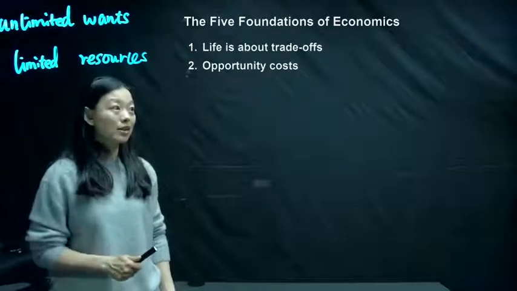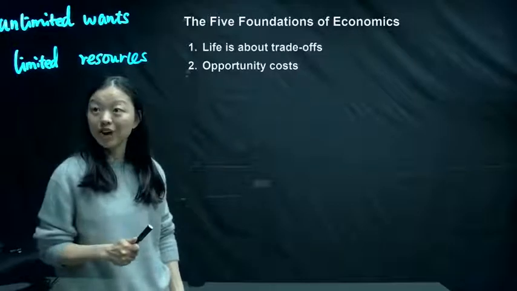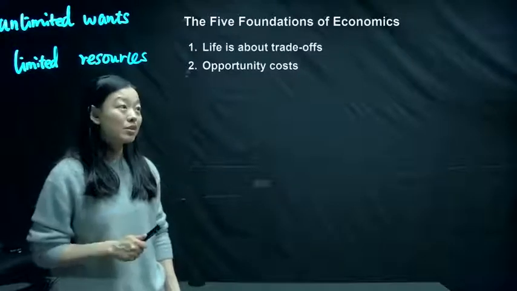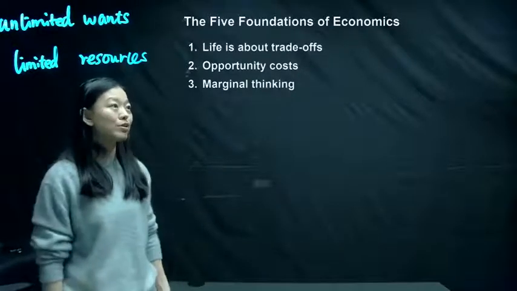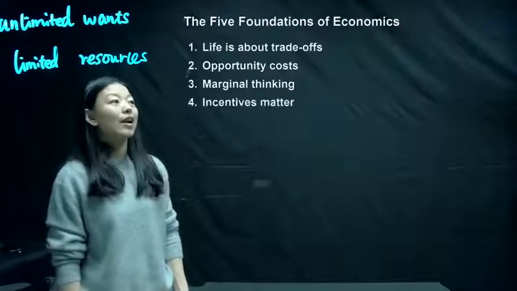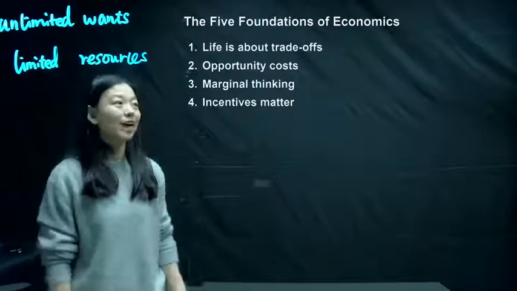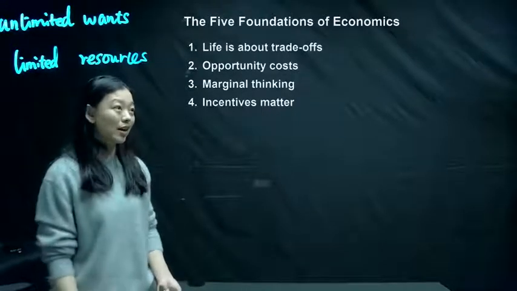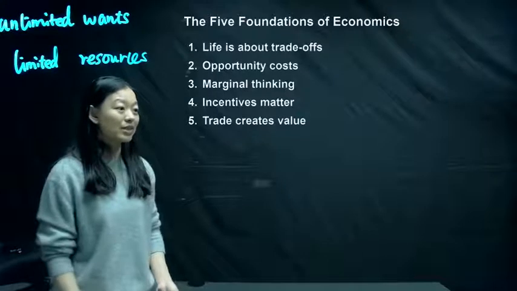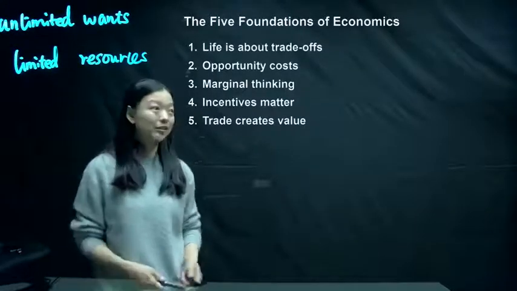So opportunity cost is one of the most important concepts in this chapter, okay? Then we'll move on to marginal thinking, the third foundation. In the fourth foundation, we would like to talk about incentives. And then the last one, we will talk about trade creates value, okay? So those are the five foundations we will learn in this chapter.